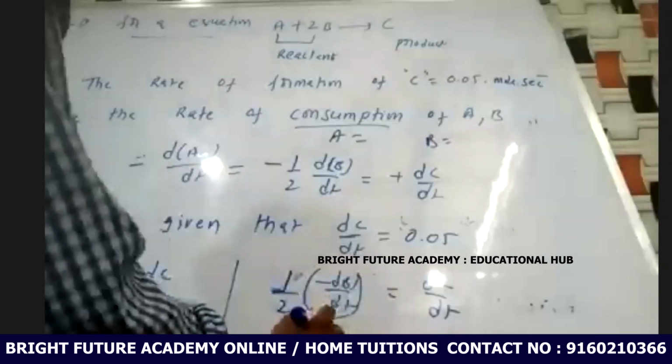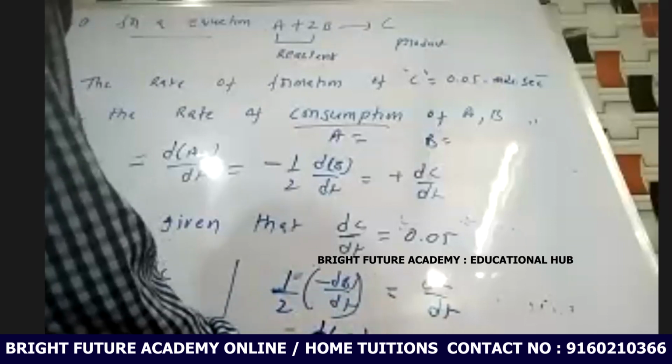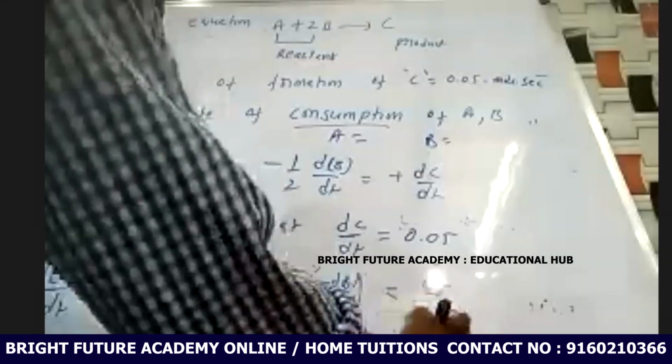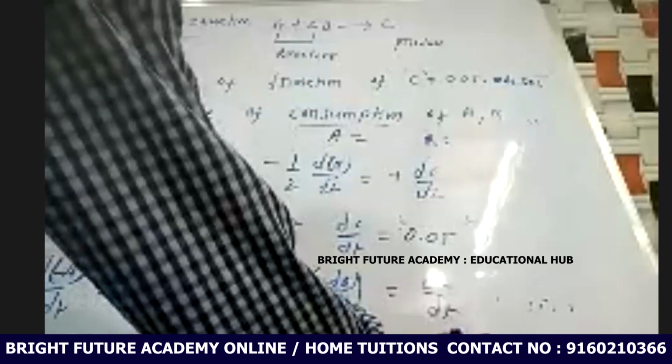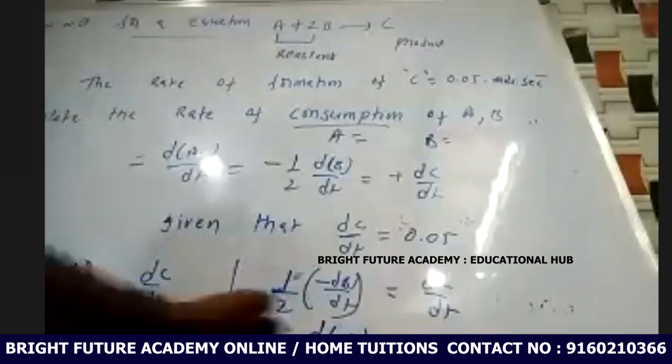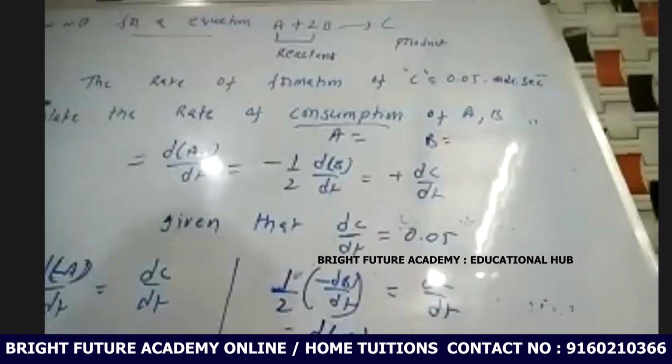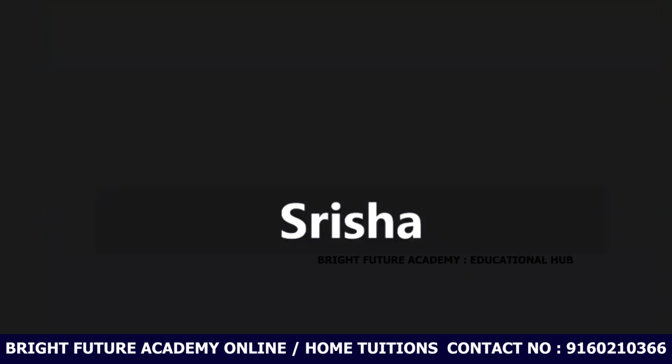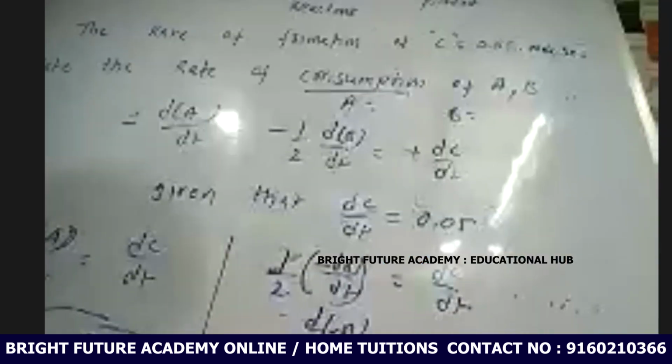Minus of dB by dt is equal to 2 into 0.05, with C already given as 0.05.